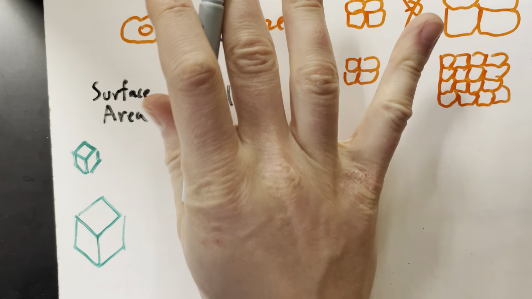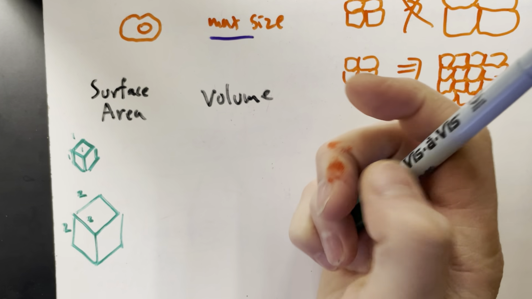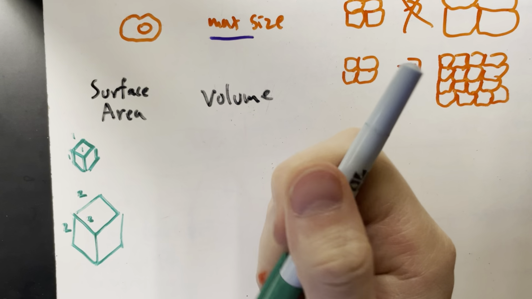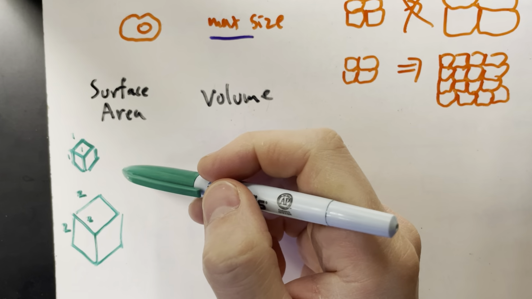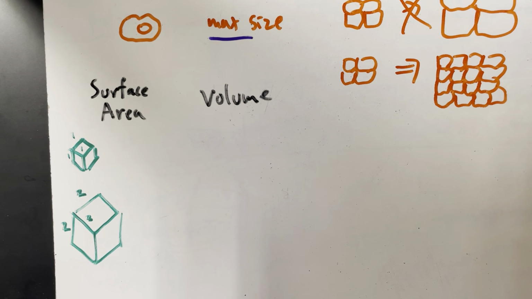So if you have a cube that is 1 by 1 by 1, what is the total surface area of that cube? 6, right? Because each face is 1 by 1. 1 times 1 is 1, times 6 is 6.